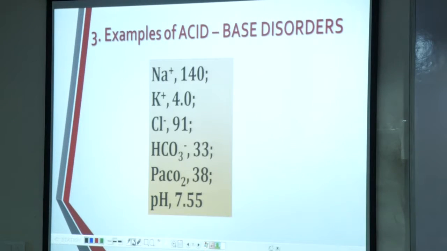Normal is 6 to 12, so it is more than normal. So the anion gap is more than normal, but it is alkalosis. Very good. What else? What is bicarbonate? 33. Alkalosis. CO2 is 38. Alkalosis. Something very interesting. We are getting both metabolic and respiratory alkalosis with anion gap still more than normal. I'll talk about this very soon. Look at next question.